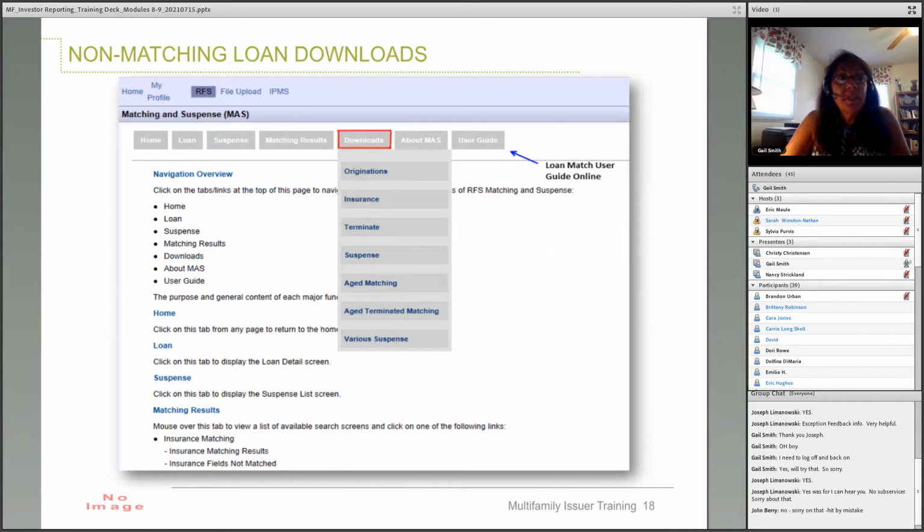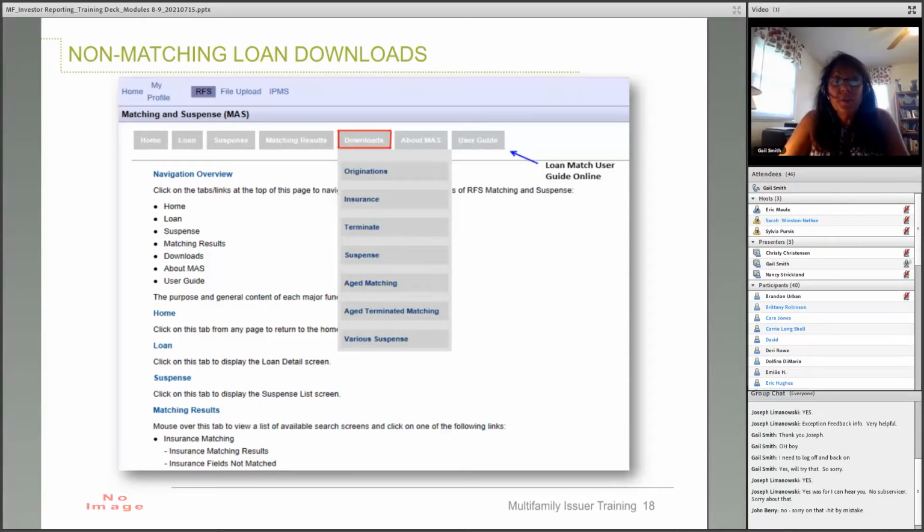Non-matching downloads, again, you will go into the reporting and feedback system, you'll go into the matching and suspense module, and you will see the gray bars across the top. You'll see home, loans, suspense, matching results, and then downloads. So this is where you would pull your downloads.